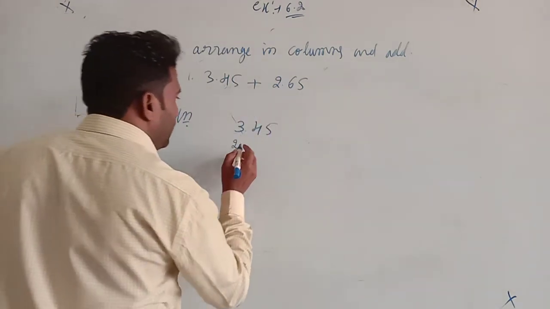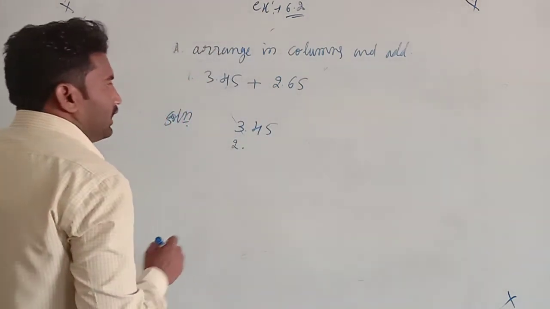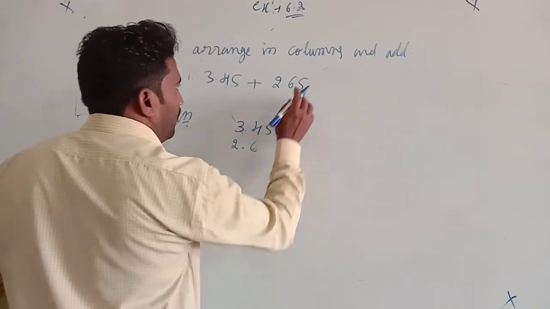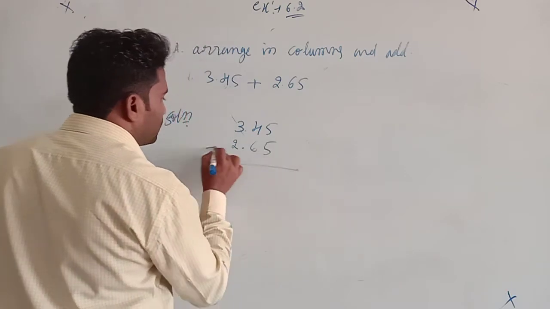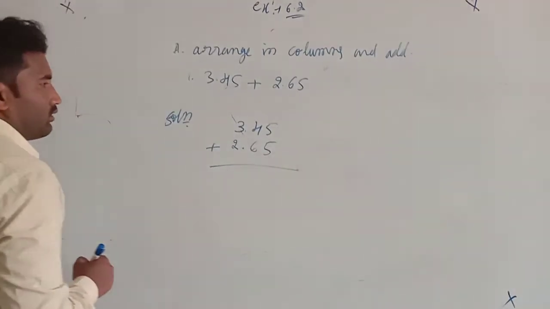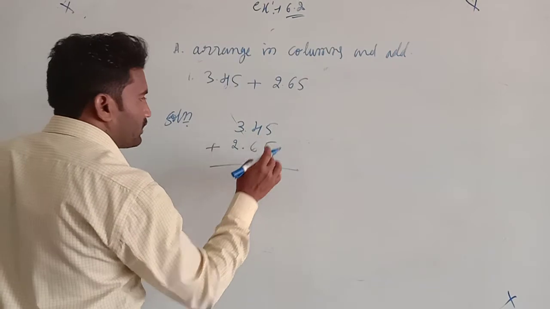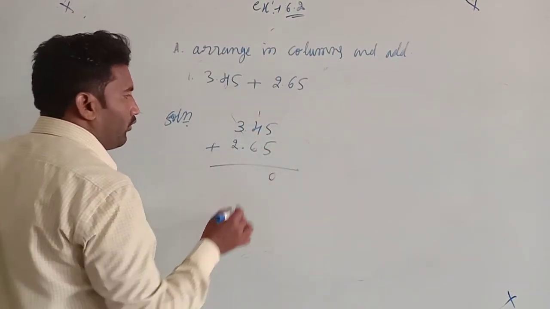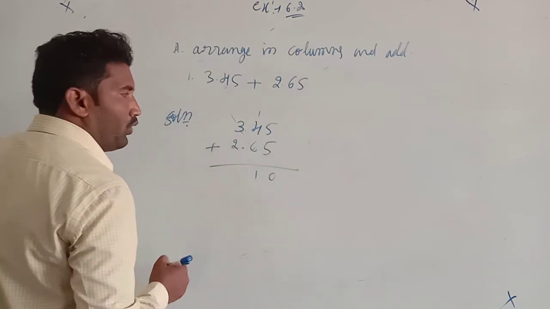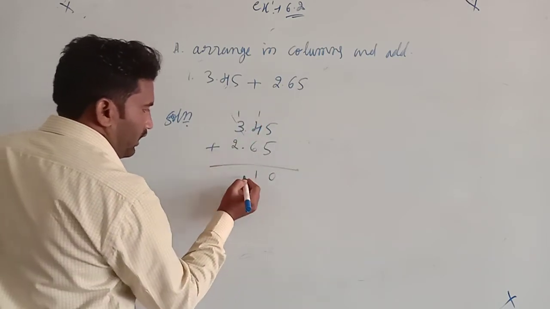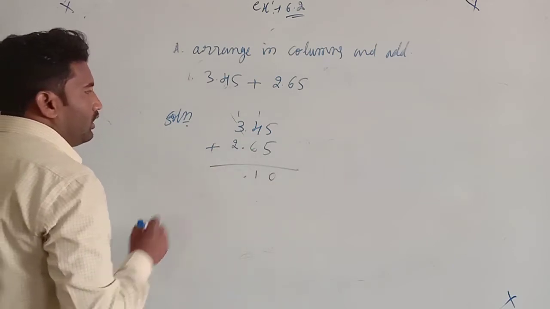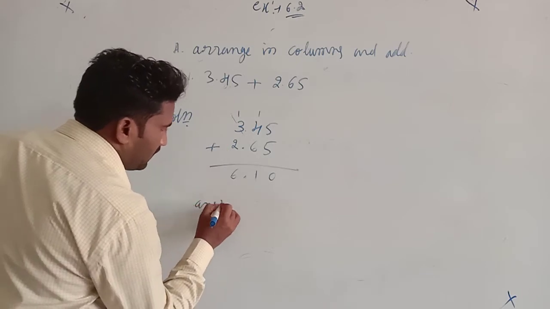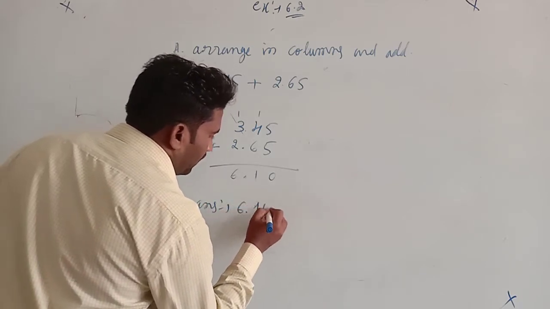So we arrange decimal to decimal, tenths to tenths, hundredths to hundredths. Now we add these two numbers. 5 plus 5 is 10, write 0, carry 1. 1 plus 4 is 5, 5 plus 6 is 11, write 1, carry 1. Then the decimal point. 1 plus 3 is 4, 4 plus 2 is 6. So its answer is 6.10.